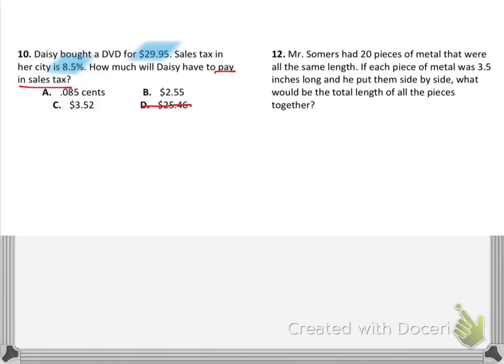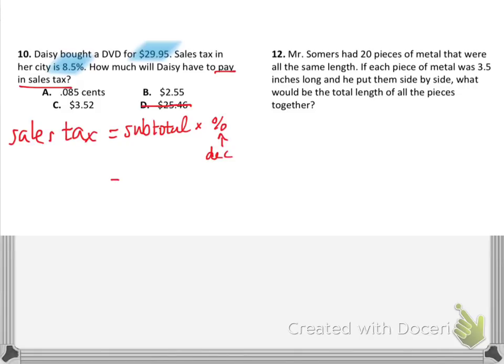Alright, so we need to take, so remember that sales tax equals your subtotal, which is your cost of your items, times the percentage. But we have to convert that to a decimal.